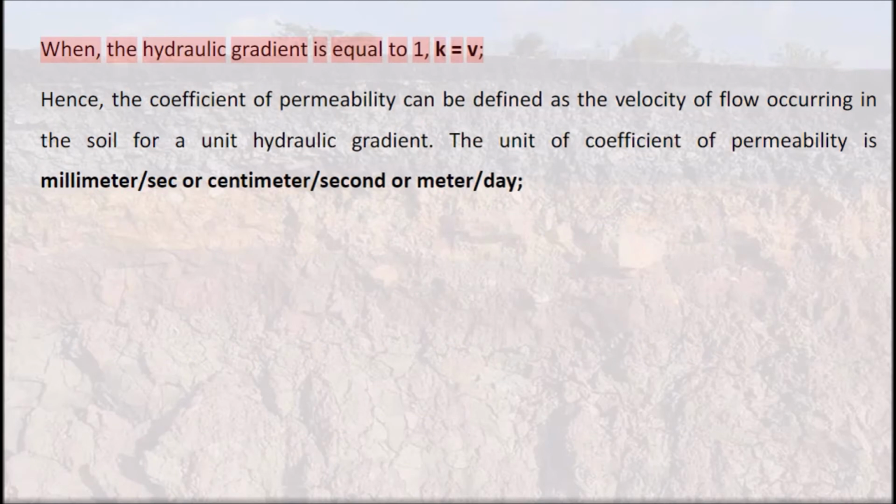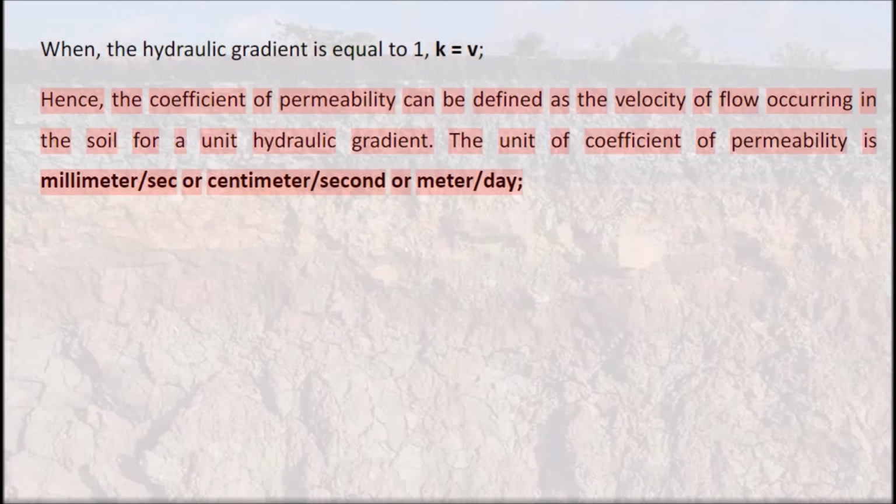When the hydraulic gradient is equal to 1, k equals v. Hence, the coefficient of permeability can be defined as the velocity of flow occurring in the soil for a unit hydraulic gradient. The unit of coefficient of permeability is millimeter per second, centimeter per second, or meter per day.